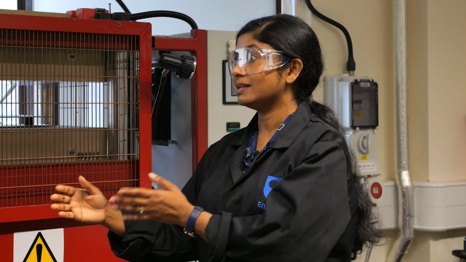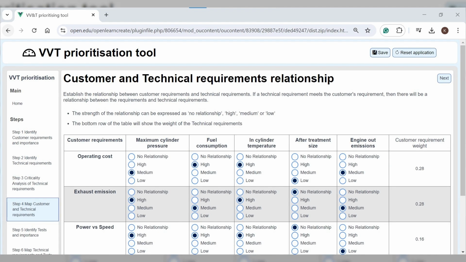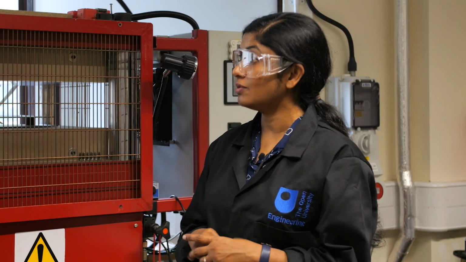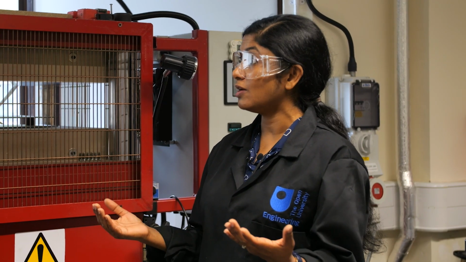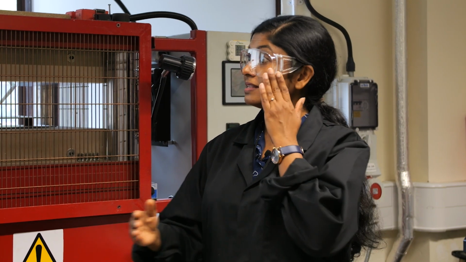And then we plan in 3 steps, identifying the priority of the customers, priority of the business, regulations. We identify what are the risks, what are the high, medium, low risk, and then we plan our test. How do we physically test, virtually test? How do we verify and validate? So the tool we developed does these three things.